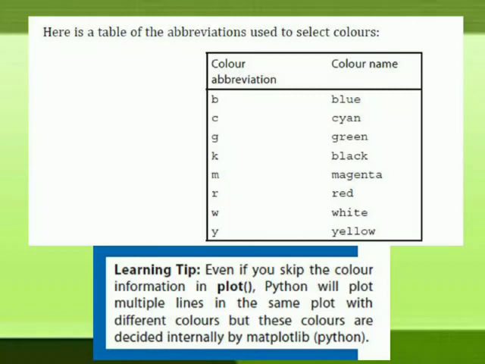In the earlier programs we have not given the line color, but still all the lines were coming in different colors. So even if you skip the color information in plot, Python will plot multiple lines in the same plot with different colors by default. But these colors are decided internally by Matplotlib.